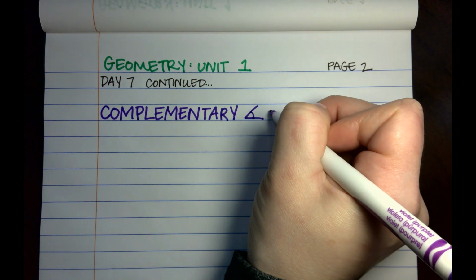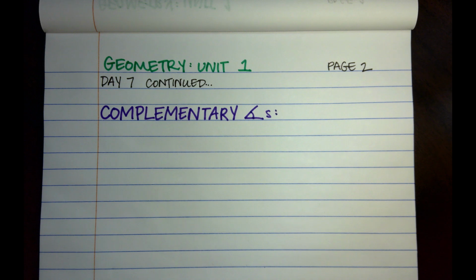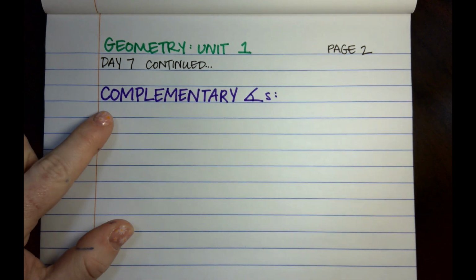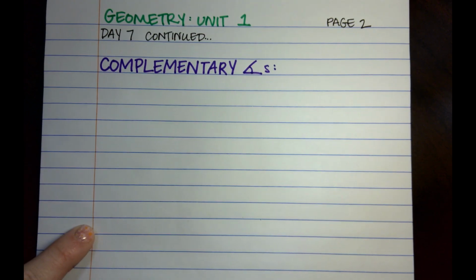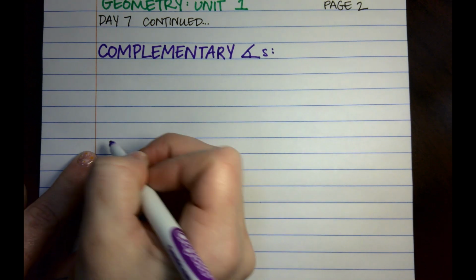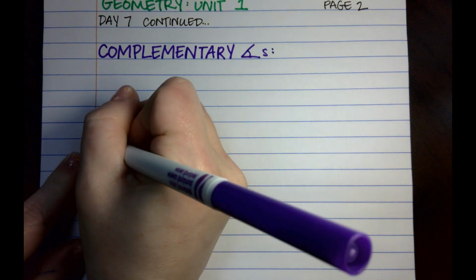So complementary angles. That looks a little odd. Yeah, it kind of does. Or like a little sideways A, an A that fell over. Complementary angles, and then I'm going to give myself a little space. Give me that much space. And then I'm going to write supplementary angles.